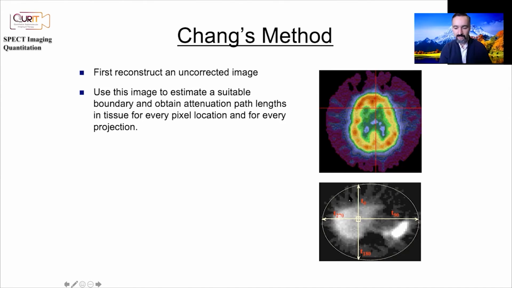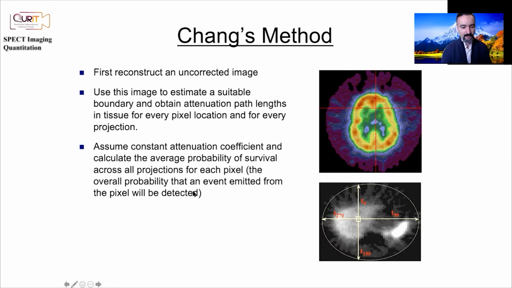And you assume that now there is uniform attenuation within this structure, not uniform activity. Obviously, the radiotracer is distributing differently. That's what you want to reconstruct, but you assume that the tissue is the same everywhere. It's just soft tissue. You assume it's like water or soft tissue there.